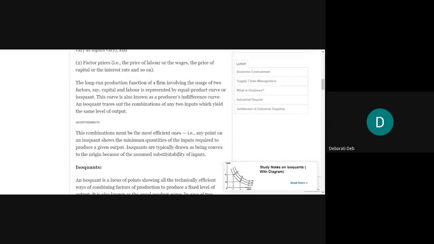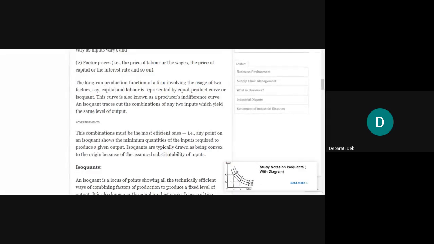Now we started to talk about the isoquant. What is the isoquant? The long run production function of a firm involving the usage of two factors, say capital and labor. Till now we were doing the short run production function, right? Now let us talk about the long run production function of a firm involving only two inputs, labor and capital.